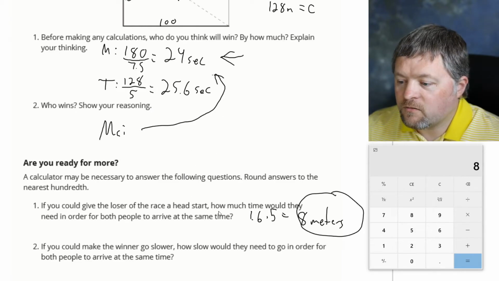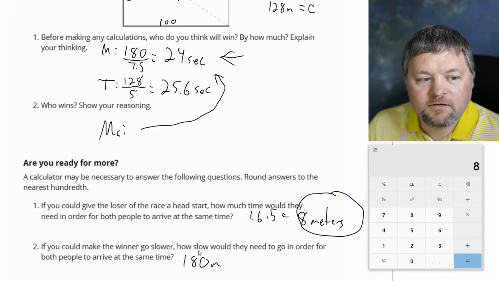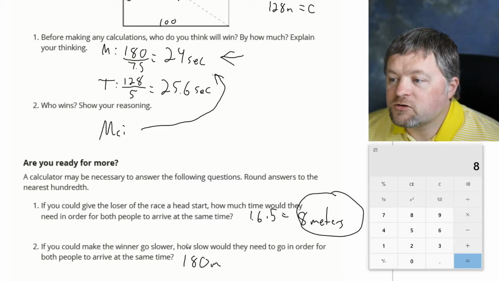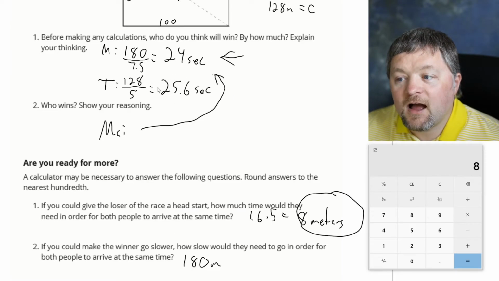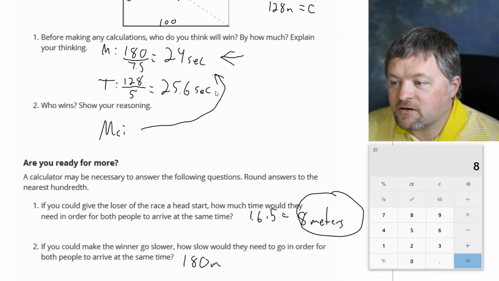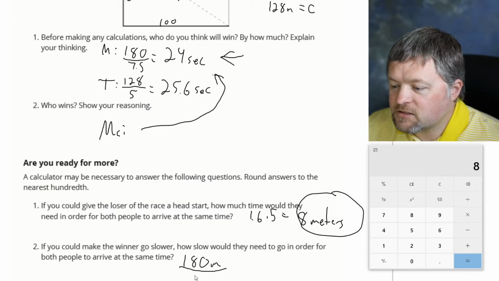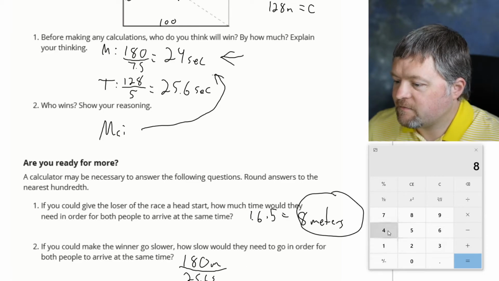Well, we know that my has to go 180 meters. And for her to go slower, she has to do it in the same amount of time that Tyler did. So we have to go 180 meters in 25.6 seconds.